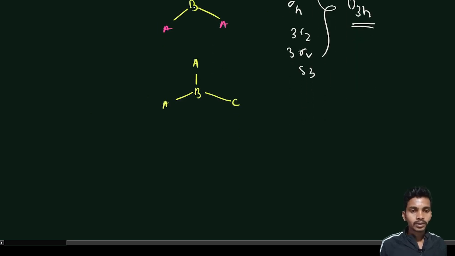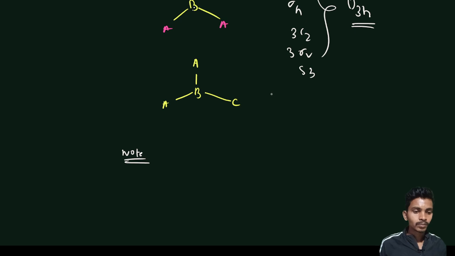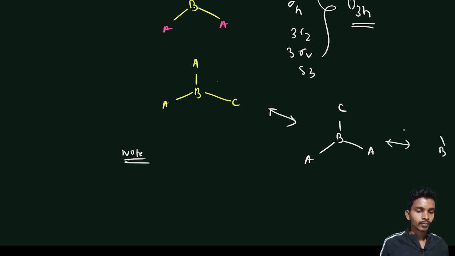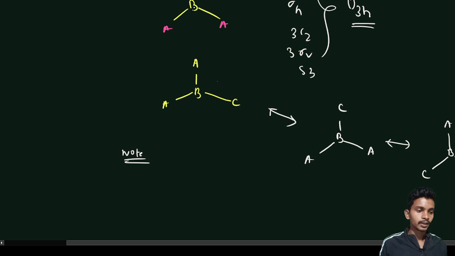Another thing we have to note is that this form, with C here and A, A, and this form, where I write A, C, A. So this is A1, this is 2.